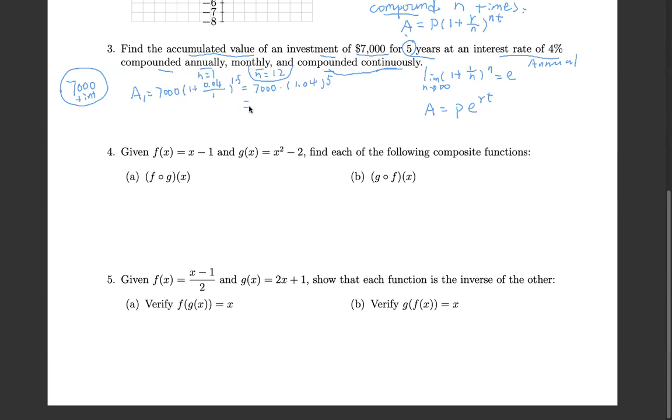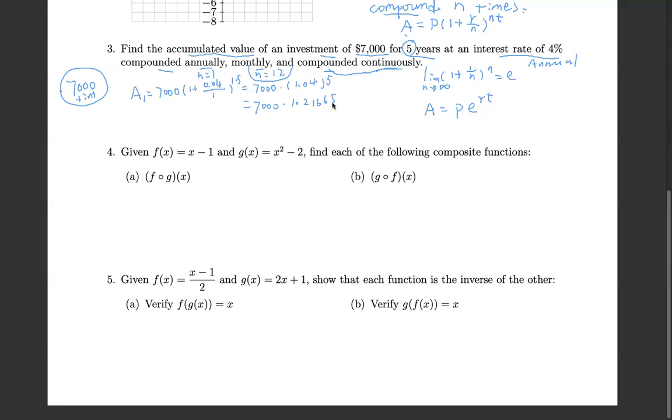So in the calculator, we calculate 1.04 raised to 5 first. I'm not sure if I made a mistake, but my calculator shows 1.21665, and of course more decimals afterwards.